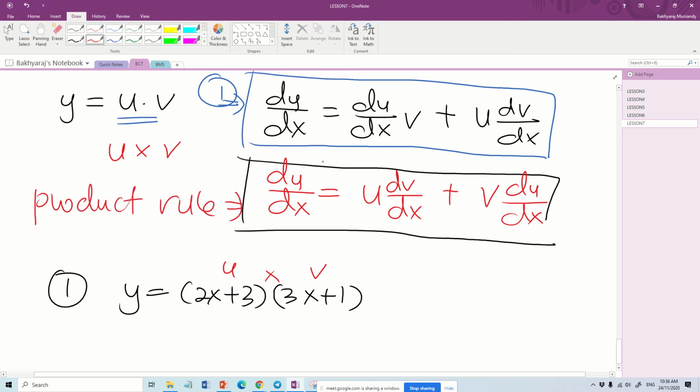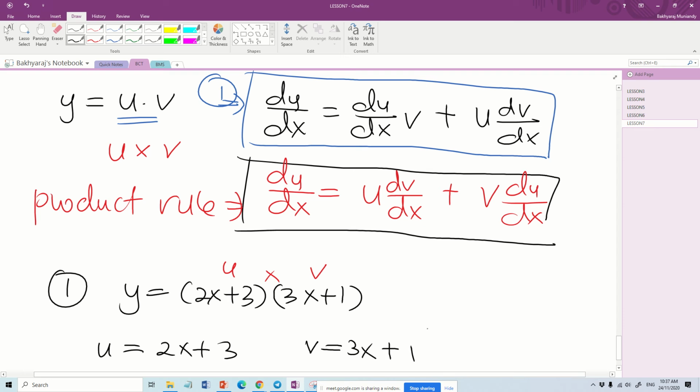Okay, so first step apa you kena buat ialah, you kena buat u dia apa, v dia apa. So you need to label u apa, v apa. So what is u? U ialah 2x plus 3. So label first. And then v dia apa? V dia ialah 3x tambah 1.